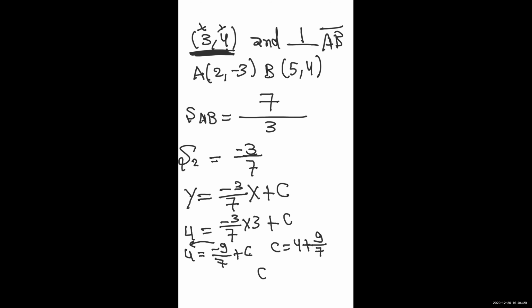So c will equal, I will unify the denominators. Now the first term will be also over 7. What is the number which over 7 will equal 4? Actually, it's 28, right? Yes. Plus 9 over 7. So c will equal 28 plus 9, so 37 over 7.